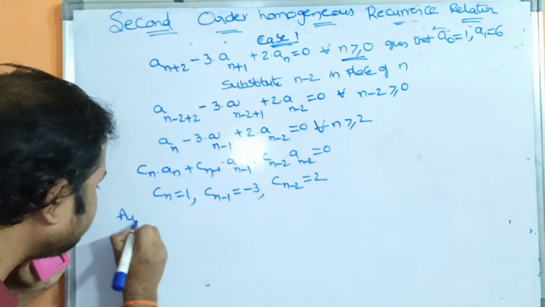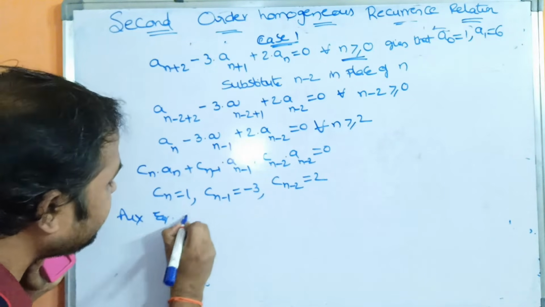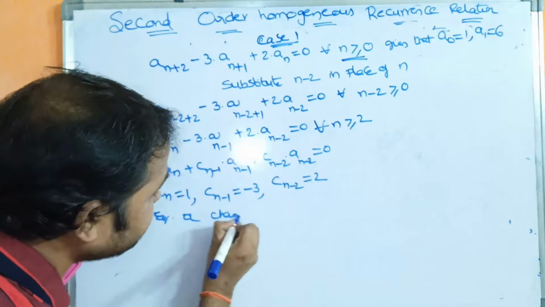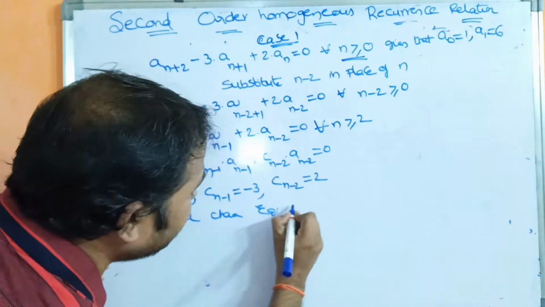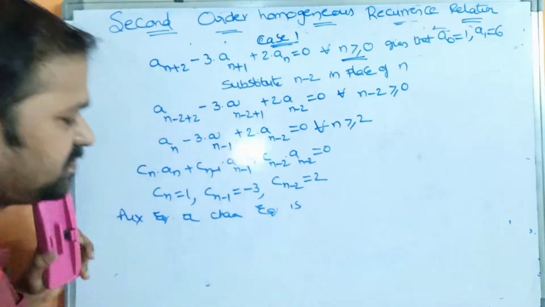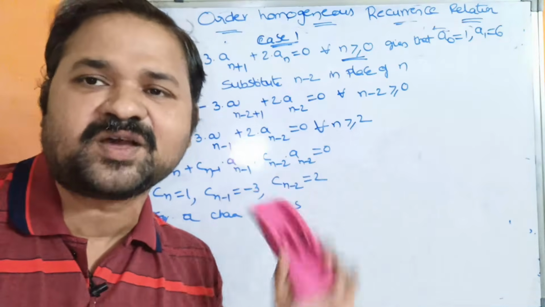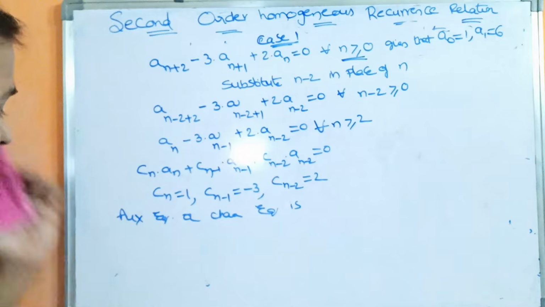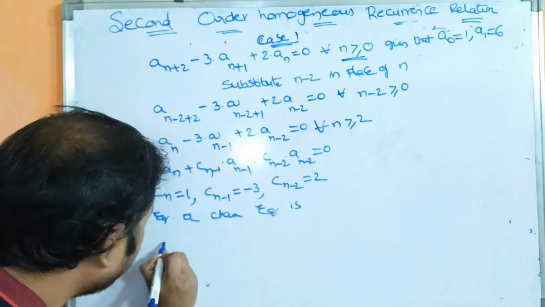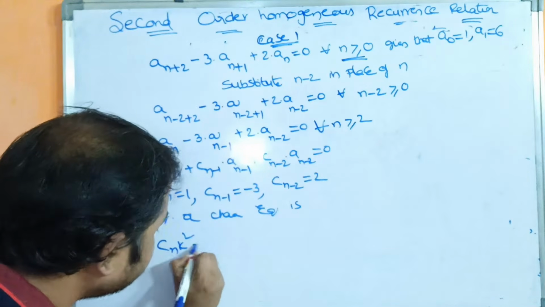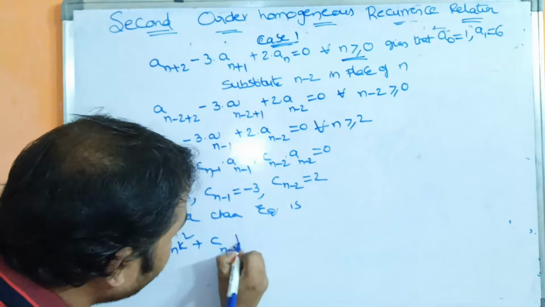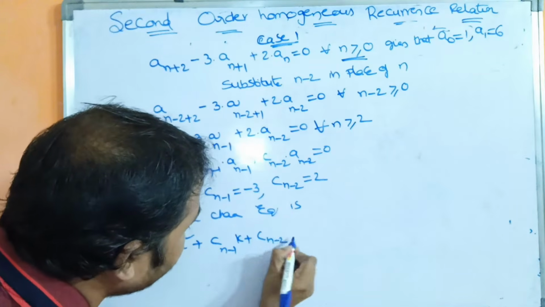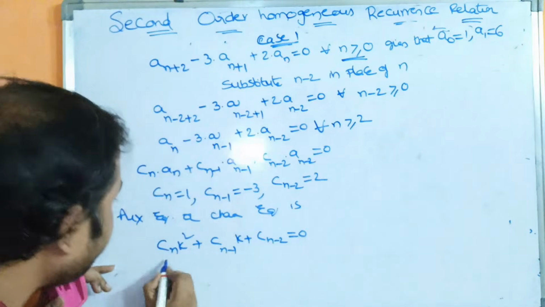We know the auxiliary equation. For the theory, let us follow the first problem; the theory is the same for all the problems. The auxiliary or characteristic equation is C_n into k square plus C_(n-1) into k plus C_(n-2) is equal to 0. What is C_n? 1.